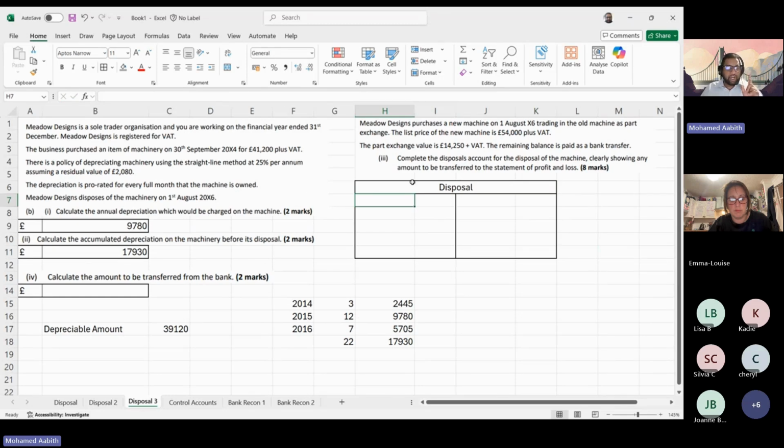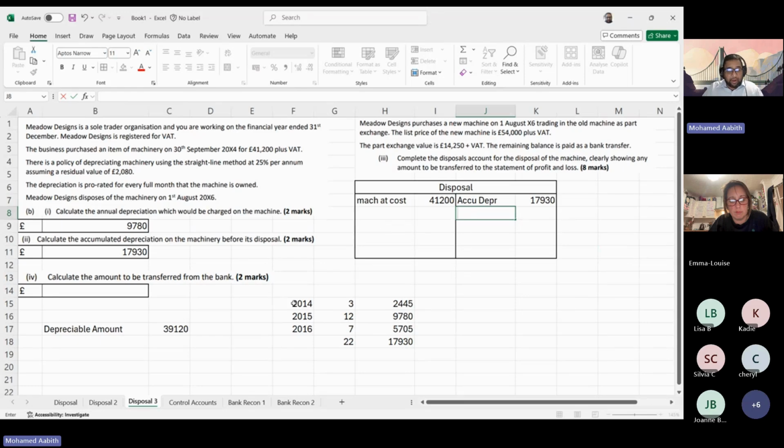What is the cost originally? The cost is £41,200. So we can say here machinery at cost is going to be £41,200. Accumulated depreciation, which we're going to remove from the books as well, is 17,930. And then last but not least, we have the bank figure, or in this scenario, we didn't pay by bank for this. For this disposal, we have got a part exchange value of £14,250.